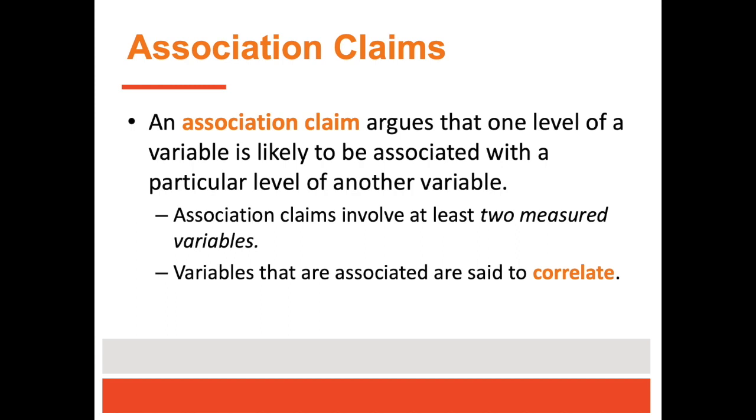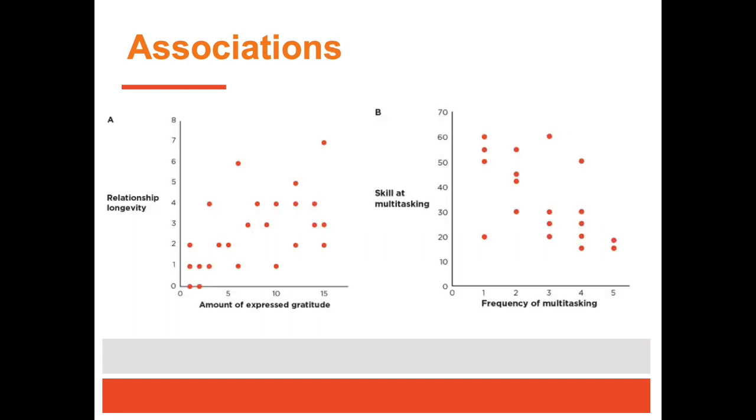So the synonym for this is usually correlate, so they're associated or correlated. This is just when as one increases, the other one tends to increase, or as one increases, the other one tends to decrease.